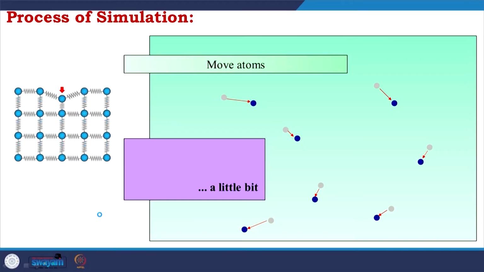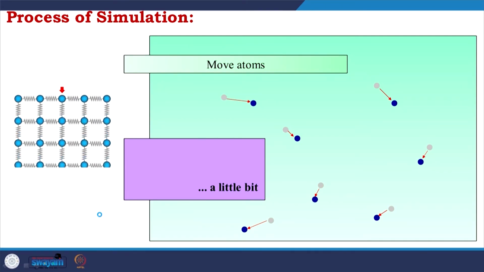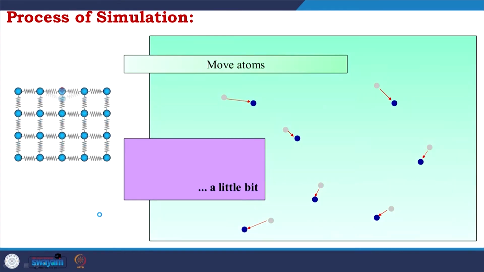And if you see, there is a spring model which is showing you how the force would be deforming the structure.